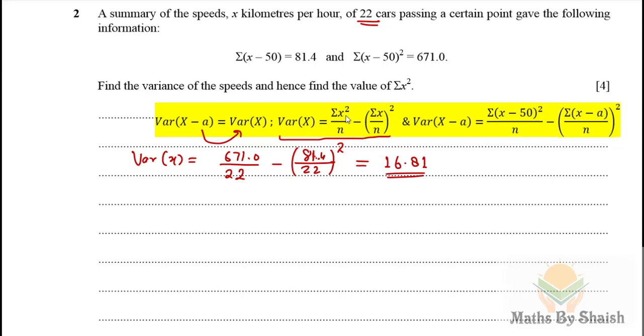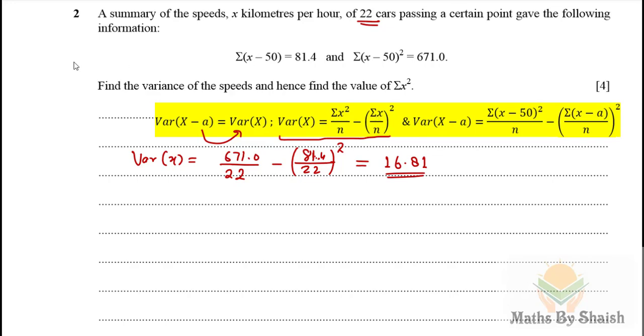Now we will use this identity. Variance of x is going to be summation of x squared over n minus (sigma of x upon n) whole squared. Since we require sigma of x squared, we are going to find sigma of x over n, and we know it is the mean of x.